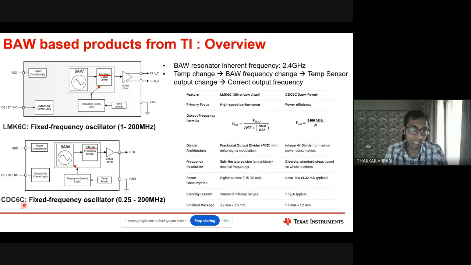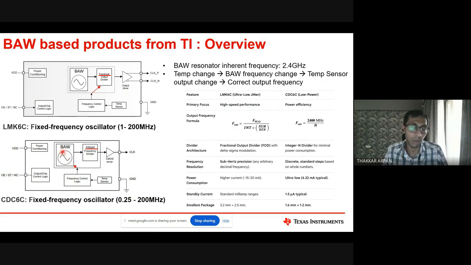Now the CDC6C, this is a bit different. This is because of fractional output divider implementation, and there are a lot of challenges associated with it. That part is going to be costly, and it will have more current consumption also. This is more like just a crystal oscillator, it will have an integer frequency divider.